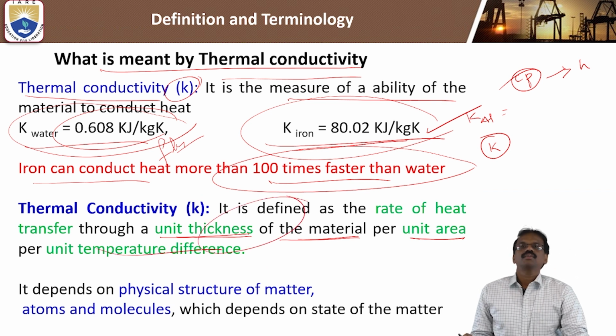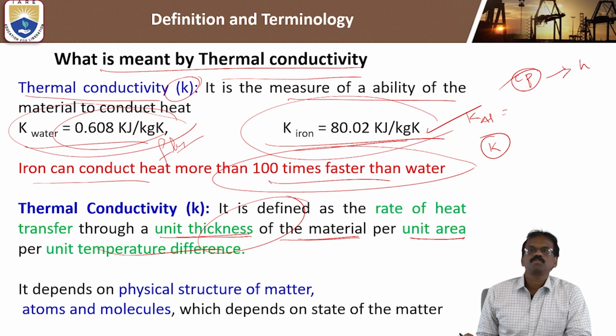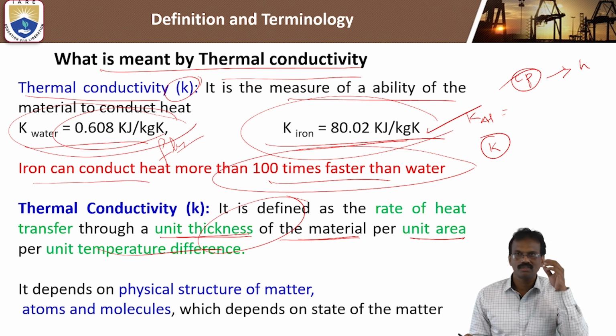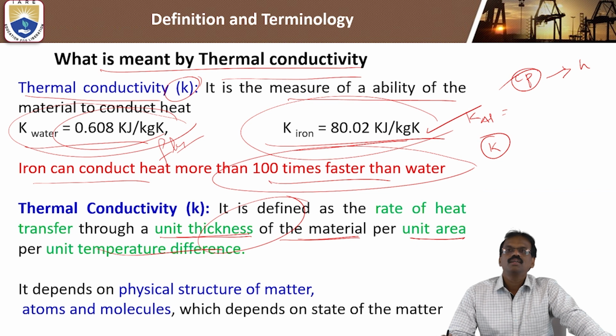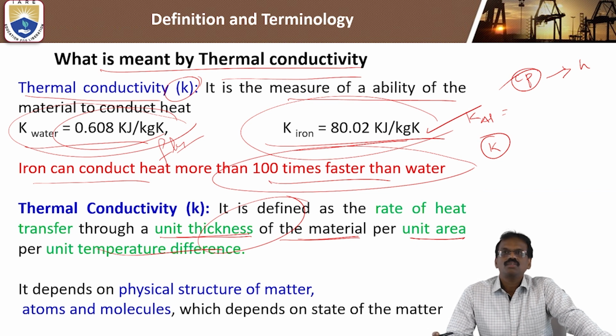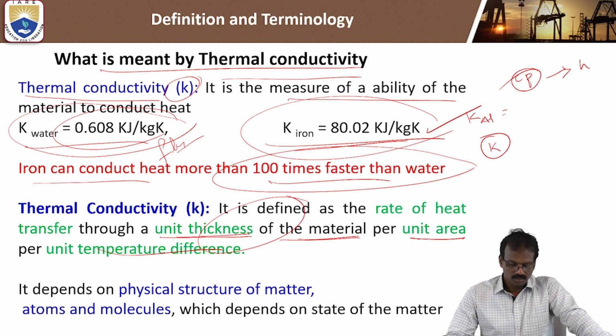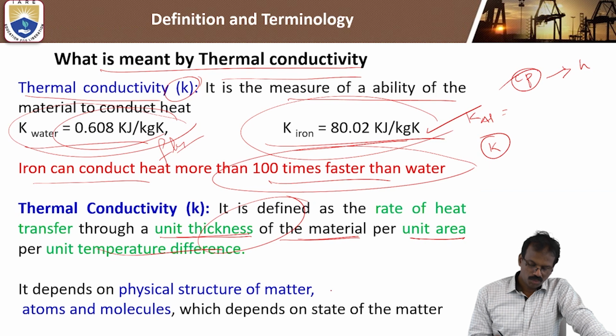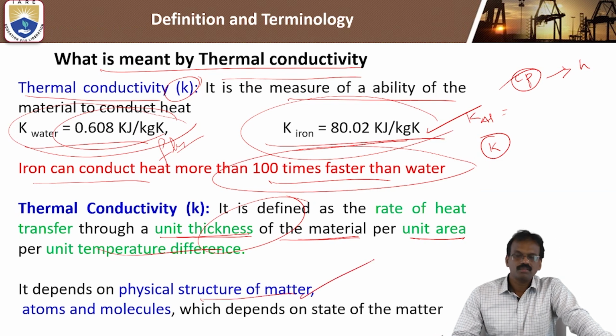It depends on the physical structure of the material, because in solids the structure is different. In fluids they don't have any structure. So based upon the structure, thermal conductivity will vary.